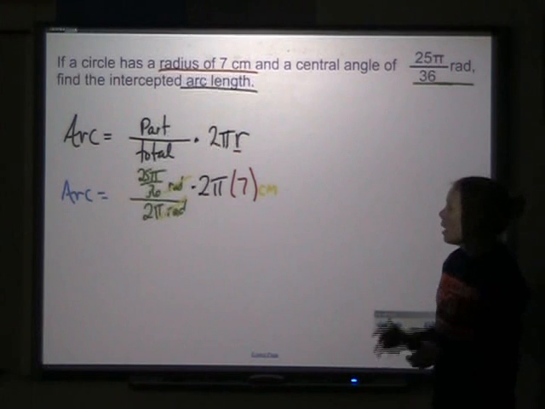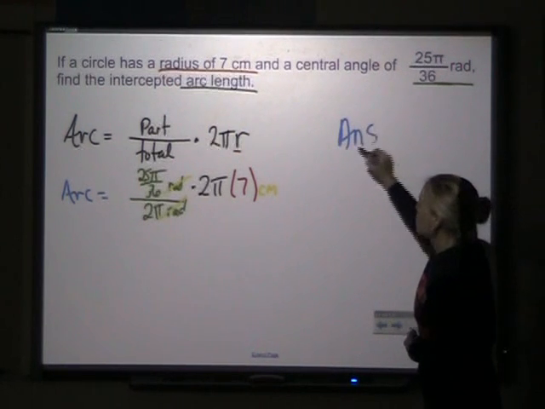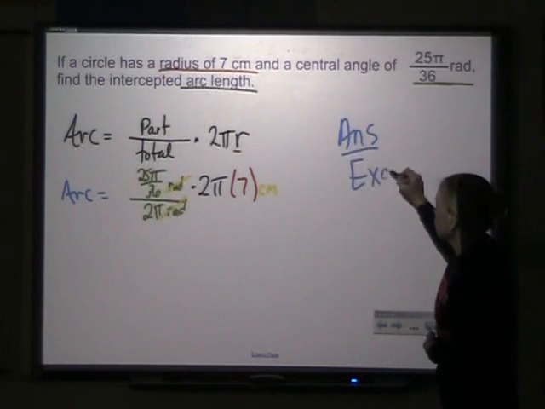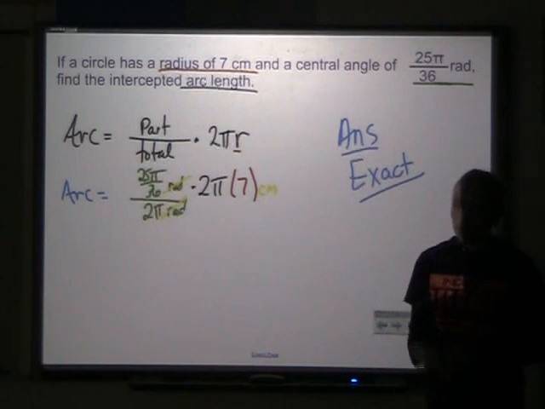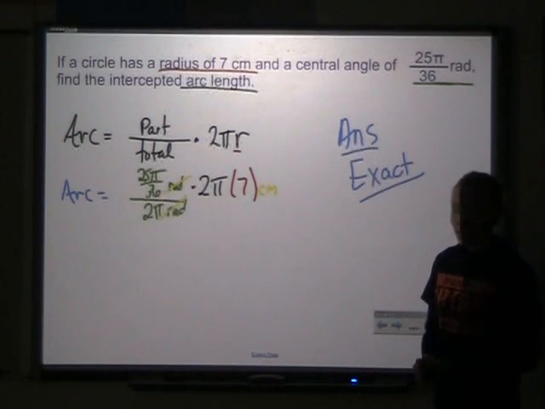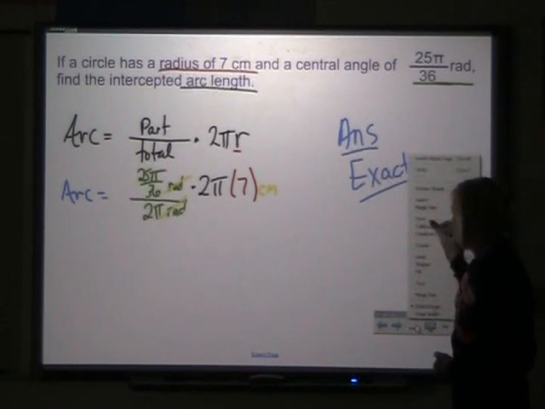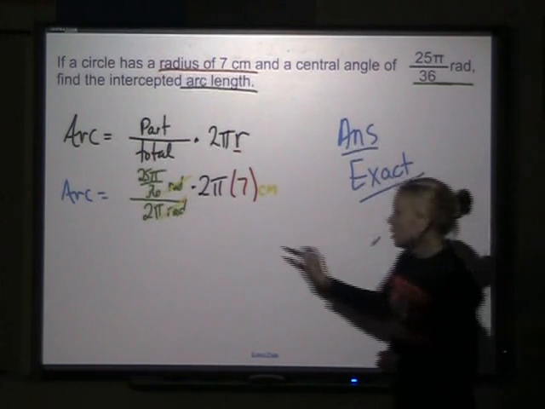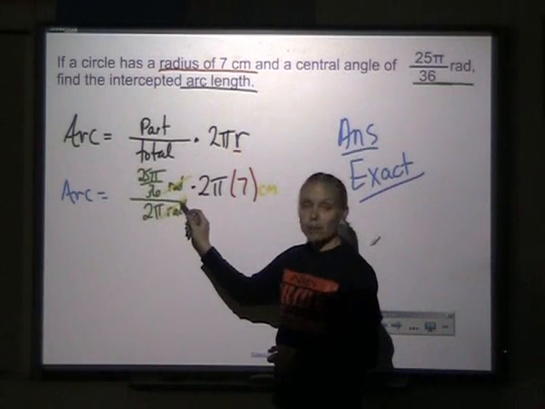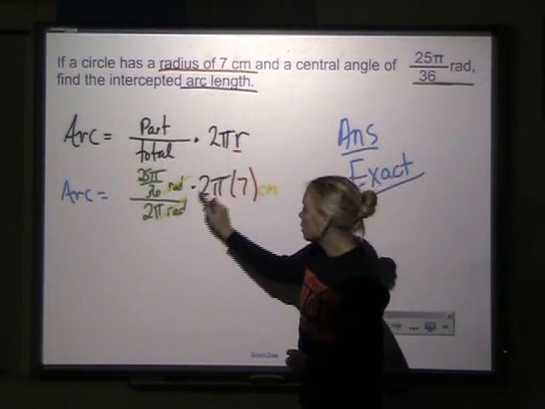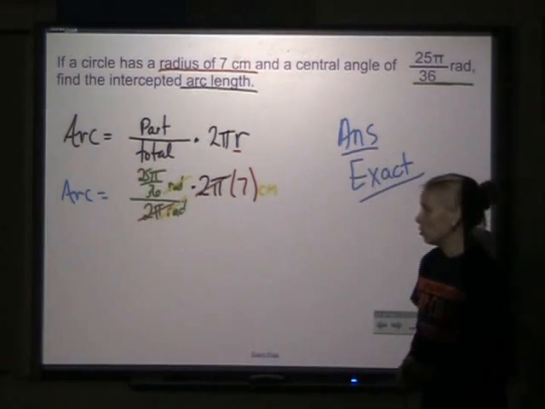I expect these answers to be exact, or you will lose points. So you have to, again, do some math. Now, on this problem, there's a lot of things that can cancel. The 2 pi is on the bottom, it's being divided, and it's being multiplied, so I can cancel those two.